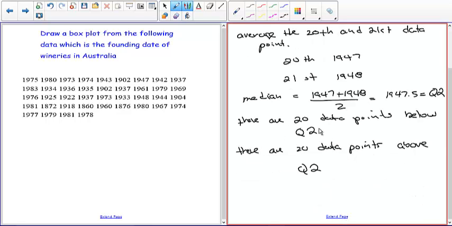Okay, so we'll use these 20 data points to find Q3 and Q1, and we'll use those 20 data points to find Q2. So which ones are those?